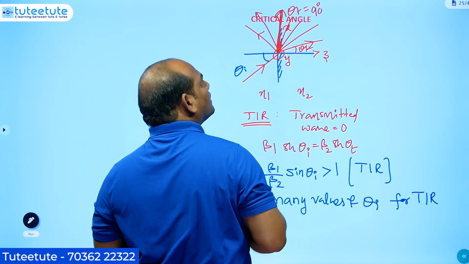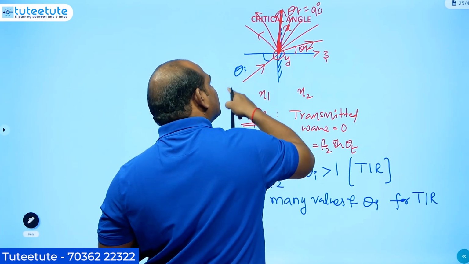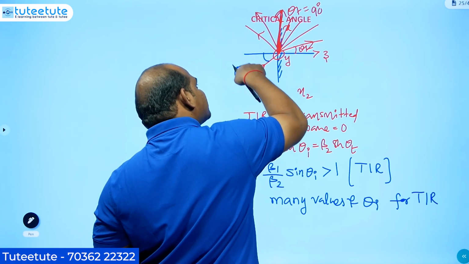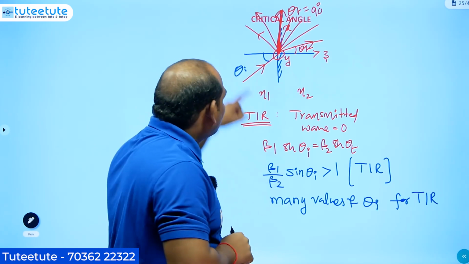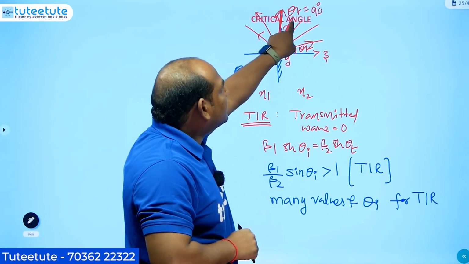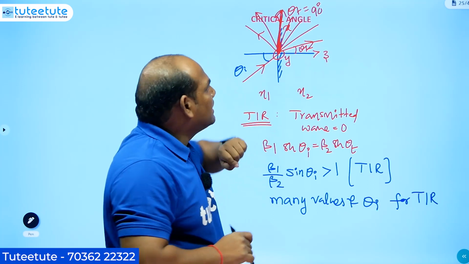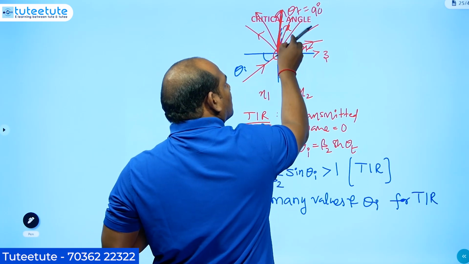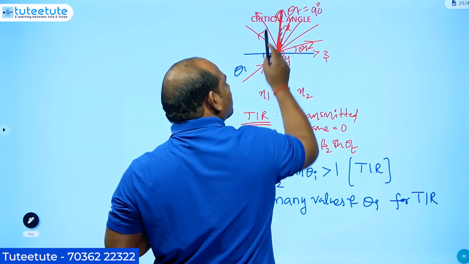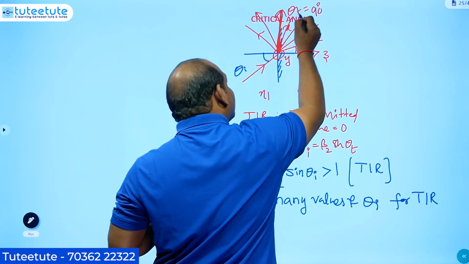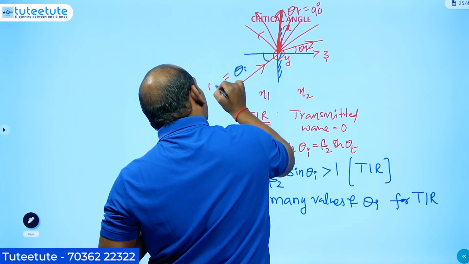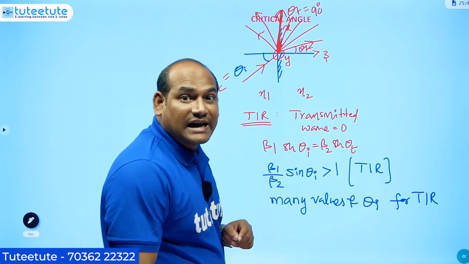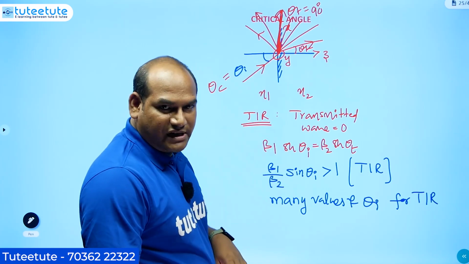This is possible whenever we are changing theta I. For what value of theta I is theta t equal to 90? That means it is entering into medium 1. So for the value of theta I where theta t is equal to 90, theta I is equal to the critical angle theta c.